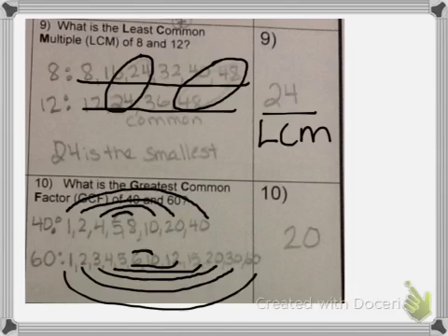To find the greatest common factor, I'm going to highlight what's the same in both. I have 1 and 2. 4s are in both lists. 5 is in both lists. 10 and 20. Since we're looking for the greatest common factor, my biggest common factor that's highlighted is 20.